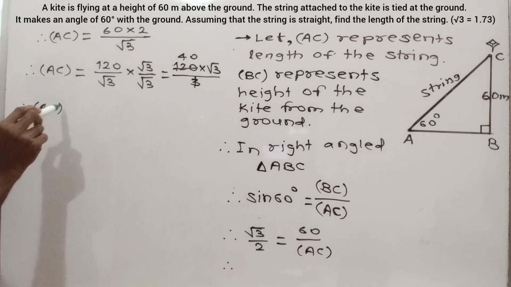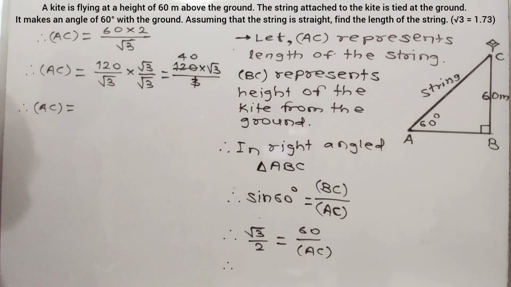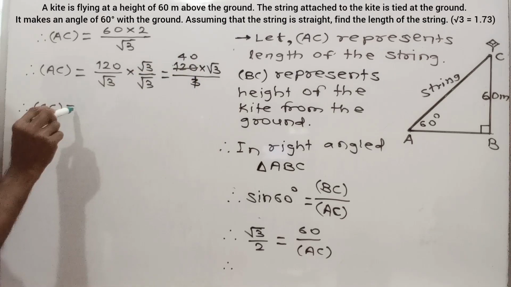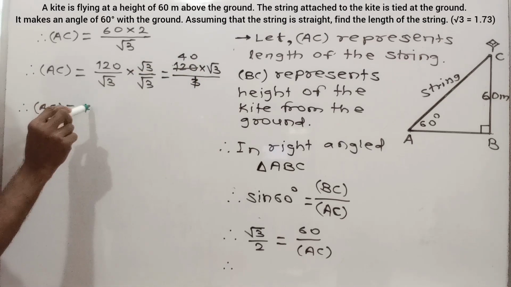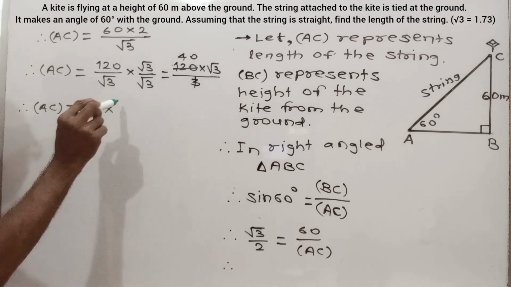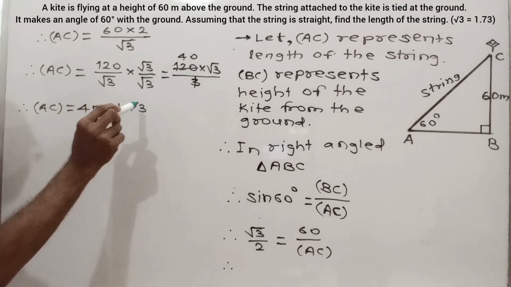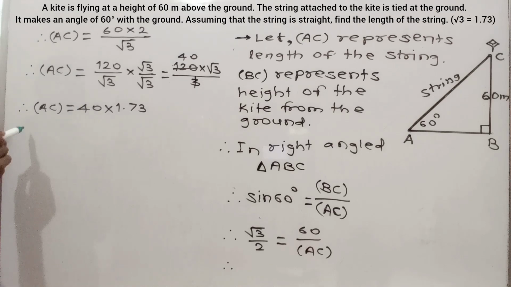Now, we use the value of square root of 3. Therefore, AC is equal to 40 into 1.73.